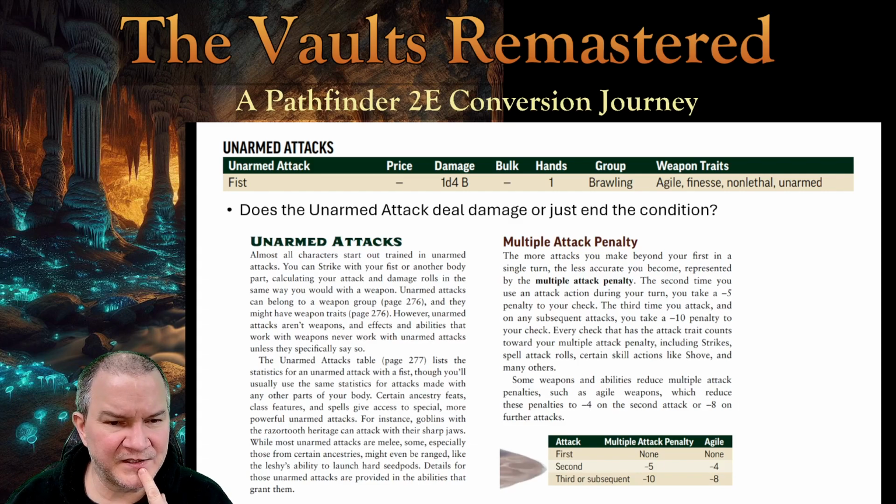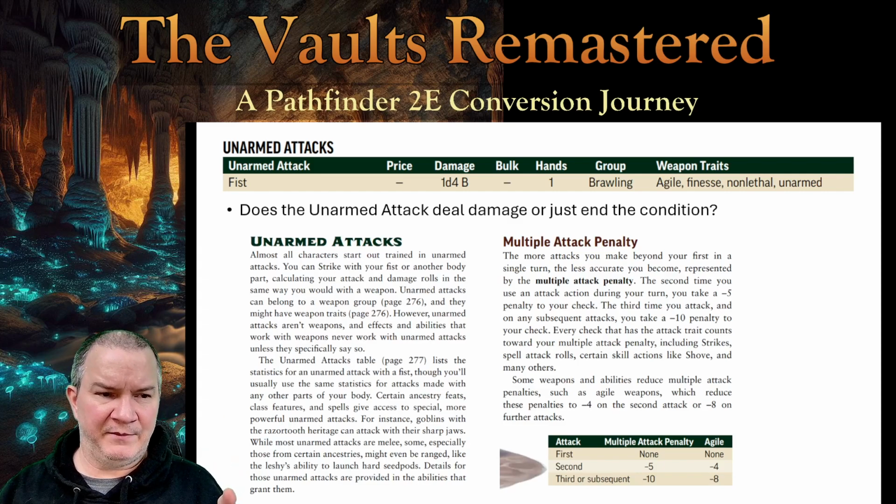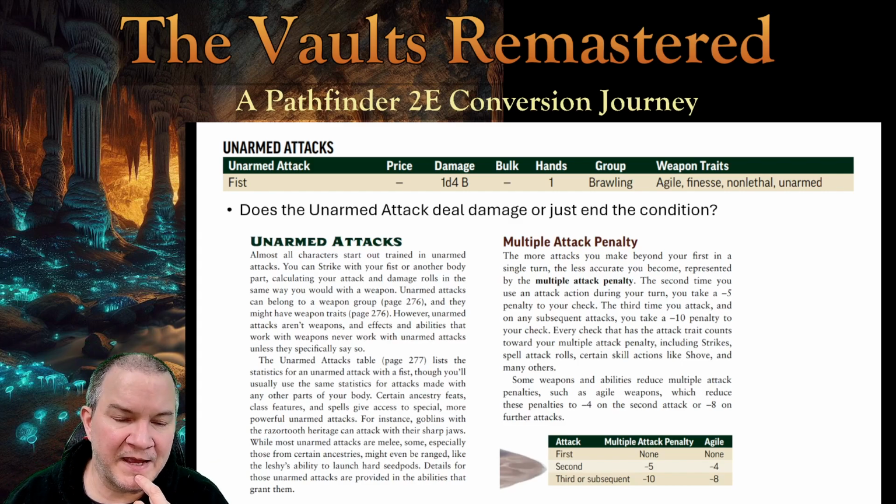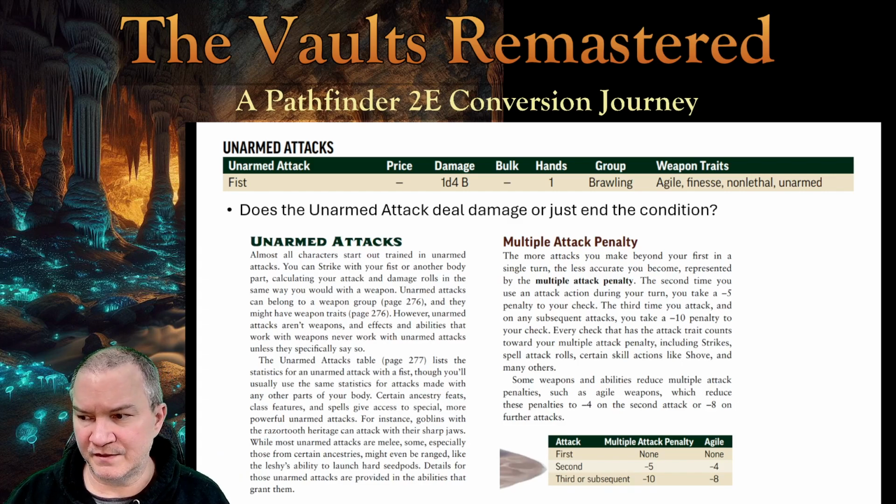However, that still begs the question, even if it doesn't deal the damage, the unarmed attack has the, what is it, the agile trait. And if you look at the multiple attack penalty table, this is where your first attack has no penalty, but your second has the -5, the third or more has -10.